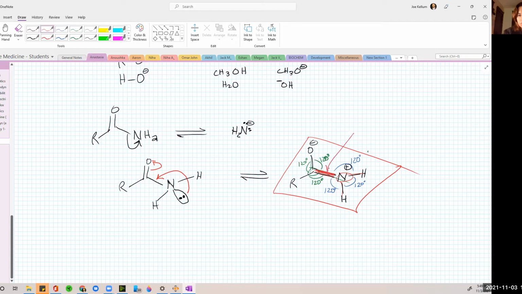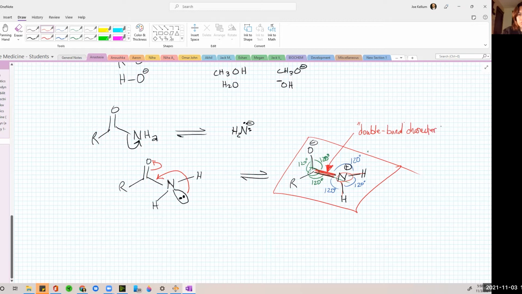This double bond character means that the carbon-nitrogen bond in the amide is a lot stronger than the single bonds carbon has in all the other carboxylic acid derivatives. So the reason it's way less reactive is this double bond character.